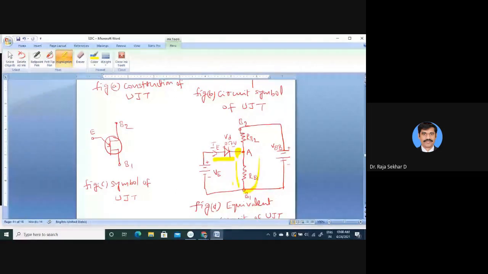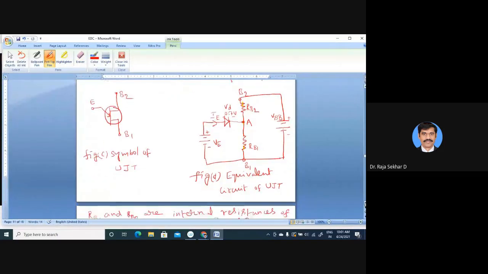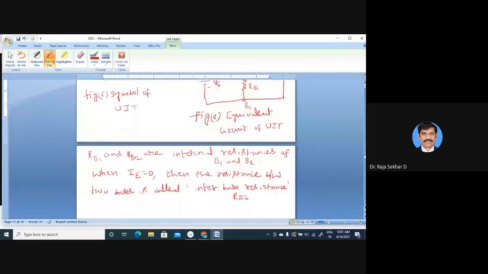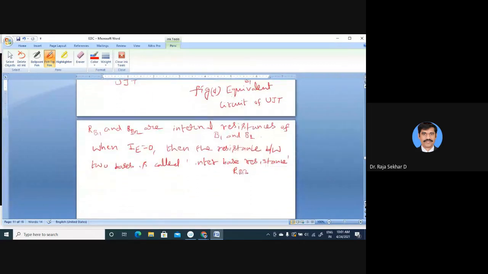RB2 plus RB1, they are in series. Are you getting this? That is called the interbase resistance, RBB. So RBB is equal to RB1 plus RB2.